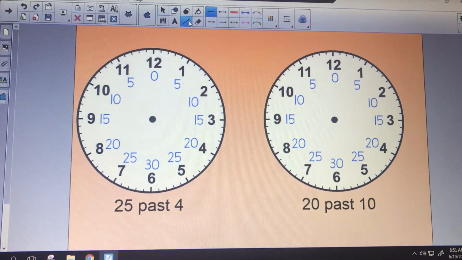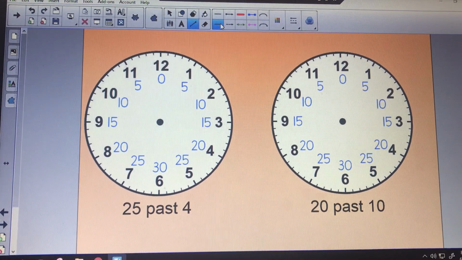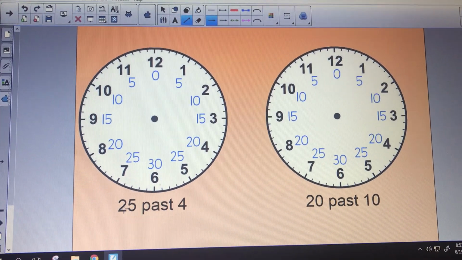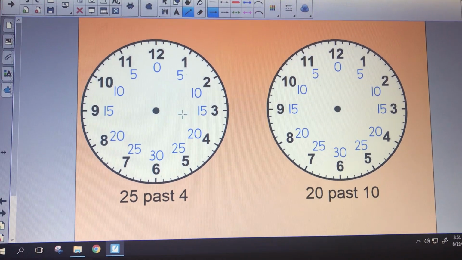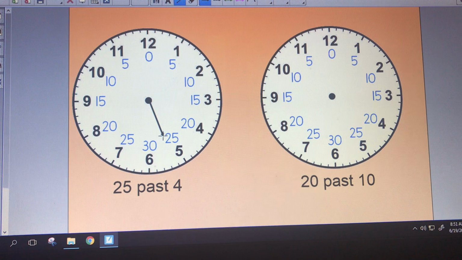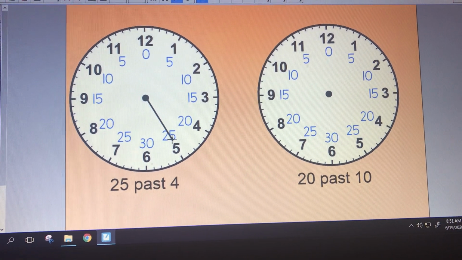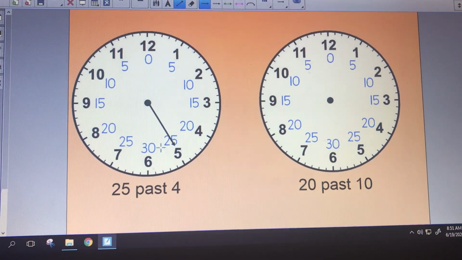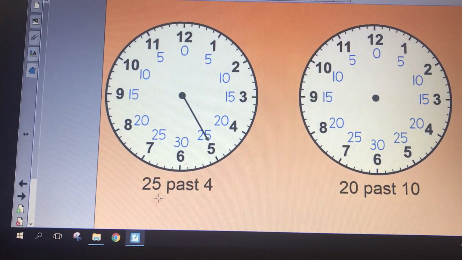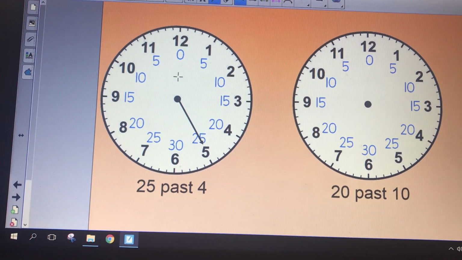So you're wanting to draw some hands on your clock. So I'm going to start with the 25 here, which refers to 25 minutes. And I would draw my long hand, my minute hand, all the way to the 5, because that shows 25 minutes past the hour of 4 o'clock.